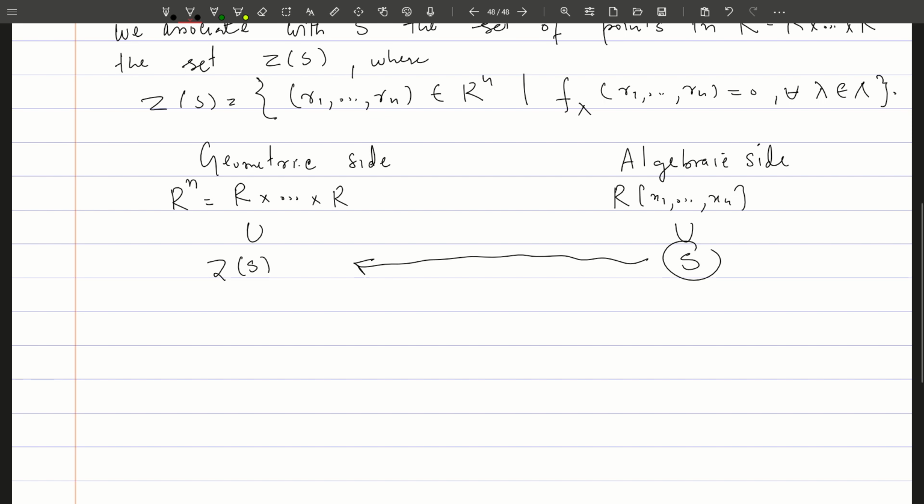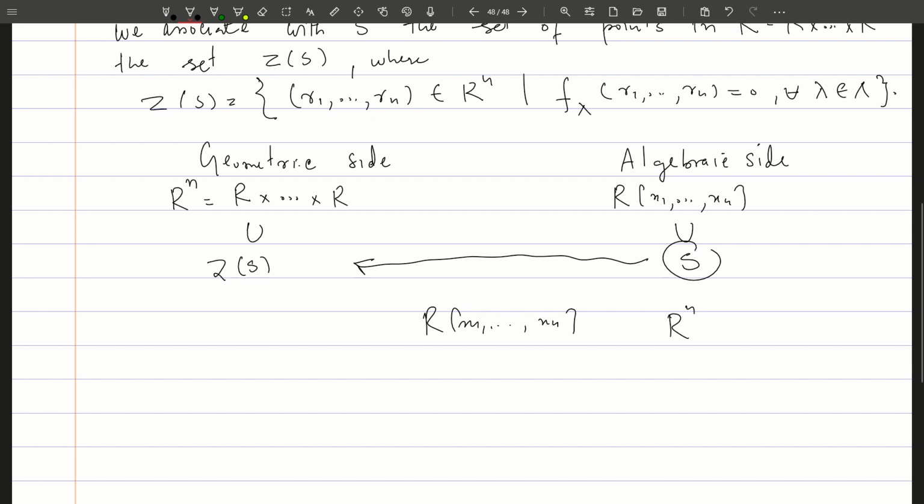Now there are some problems that we need to address. Suppose we are given polynomials in the polynomial ring R[x1, ..., xn]. It may be possible that the polynomials do not vanish at any point of R^n.